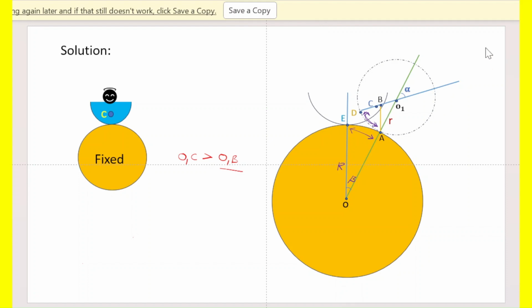Okay, to calculate the condition of stability, we require these lines. That's why we imagine. C is the center of gravity, which is at a distance r/2 from this O1.